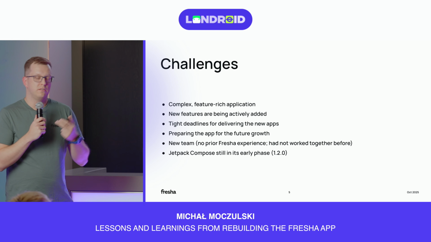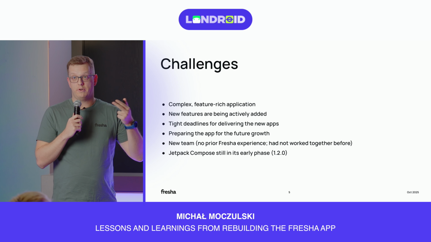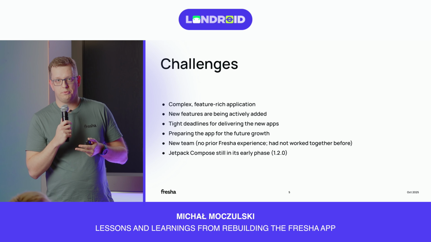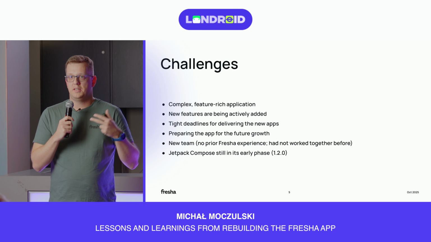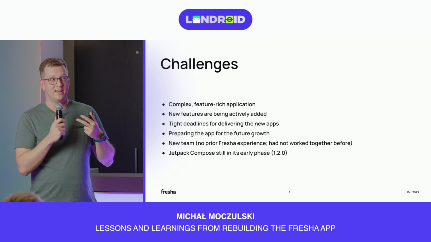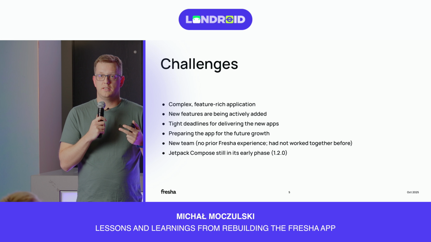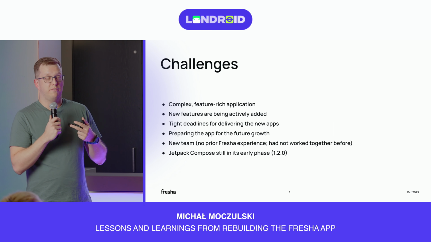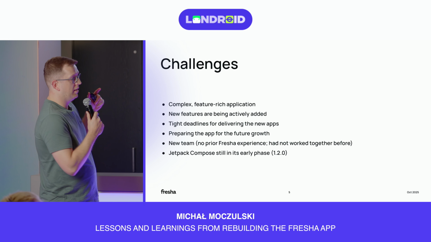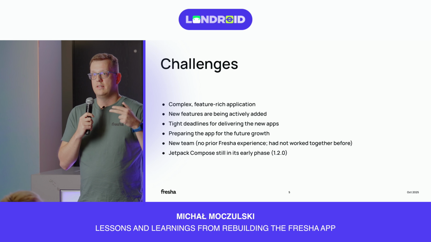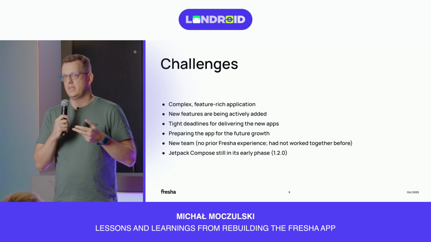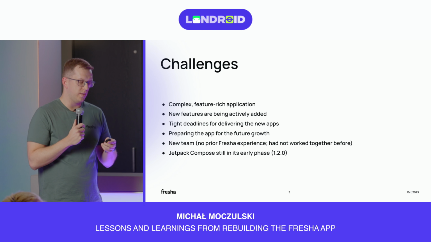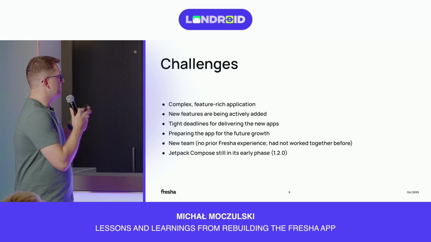Also, one of our biggest bets for the Android application was Jetpack Compose, but back then it was still in quite an early phase. It was not alpha or beta, but it was version 1.2, which still offered quite limited API. So those were the challenges.